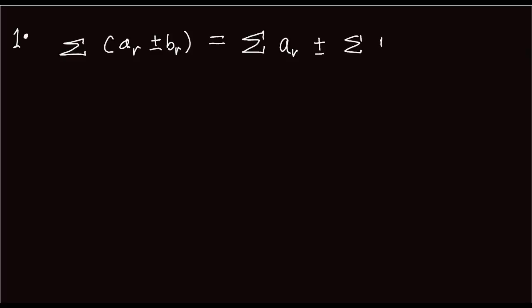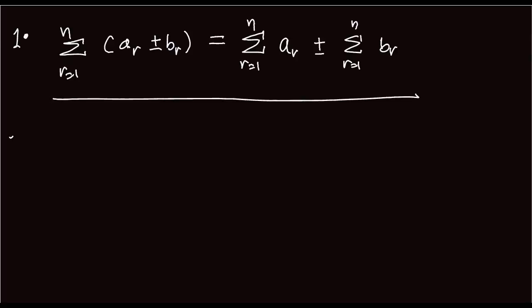So the first important result is the summation of (AR plus or minus BR), which will be the summation of AR plus or minus the summation of BR, and R will of course be from 1 to N in all the cases. This is important. Let's say AR is the rth term of some expression and BR is the rth term of some other expression.